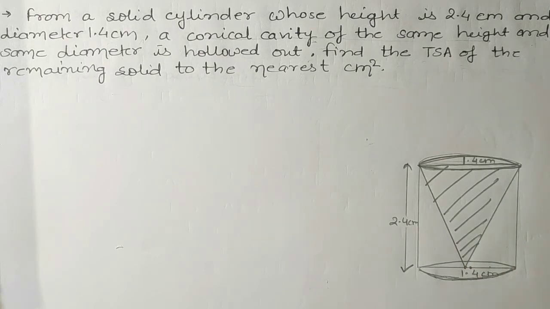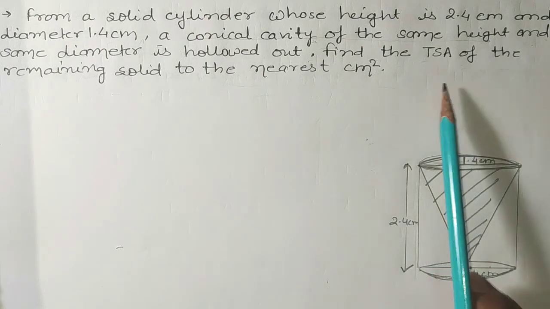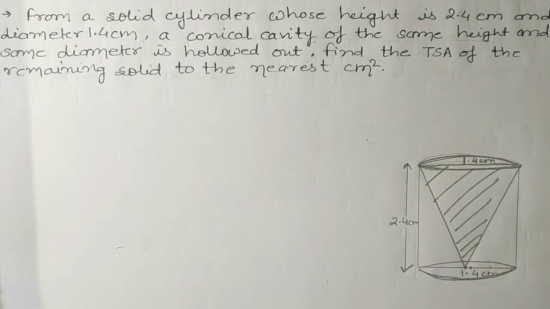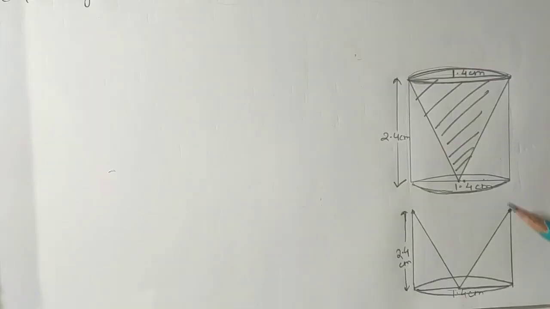Okay, now students, we have to find the total surface area of the remaining solid. Which solid is remaining? If we draw the same figure in which this conical cavity is cut out, then the figure will be like this. Here in this cylinder we have just cut out this conical cavity.